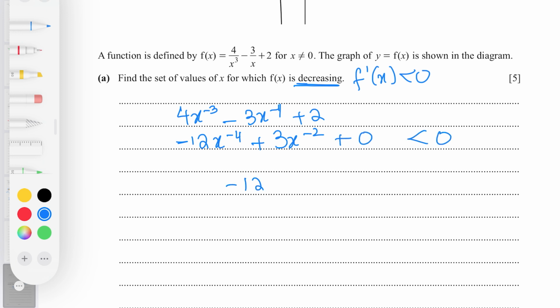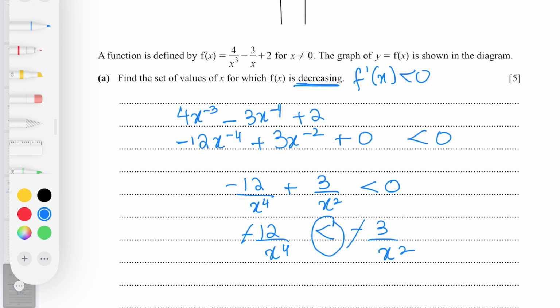This should be less than 0. Minus minus cancels out, the inequality sign flips.